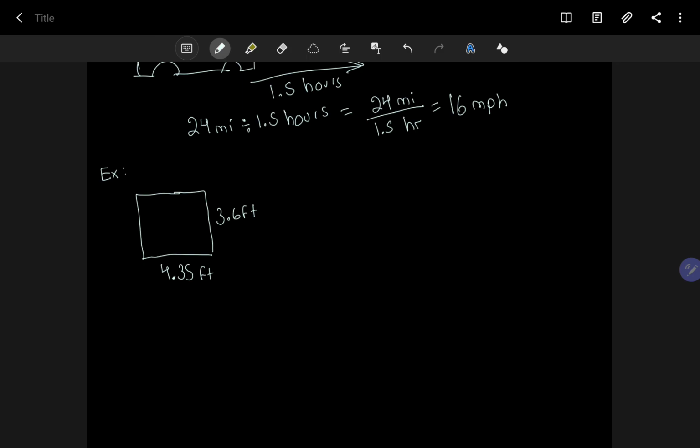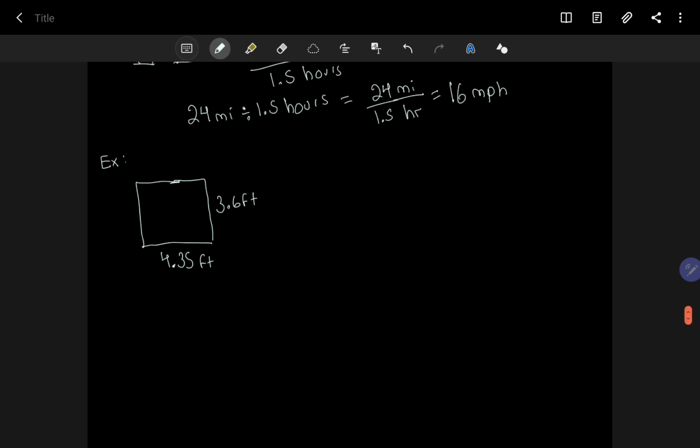And so you have to go and try to get another piece of wood that will fit this part. So, let's find out what our feet square is for this. We're going to have 4.35 feet times 3.6 feet. When we multiply both of those, what we get is 15.66 feet square.